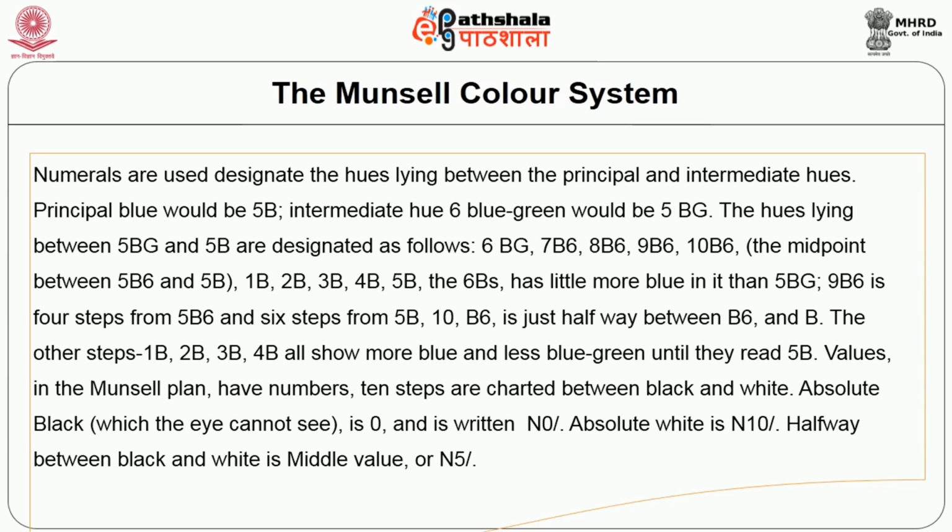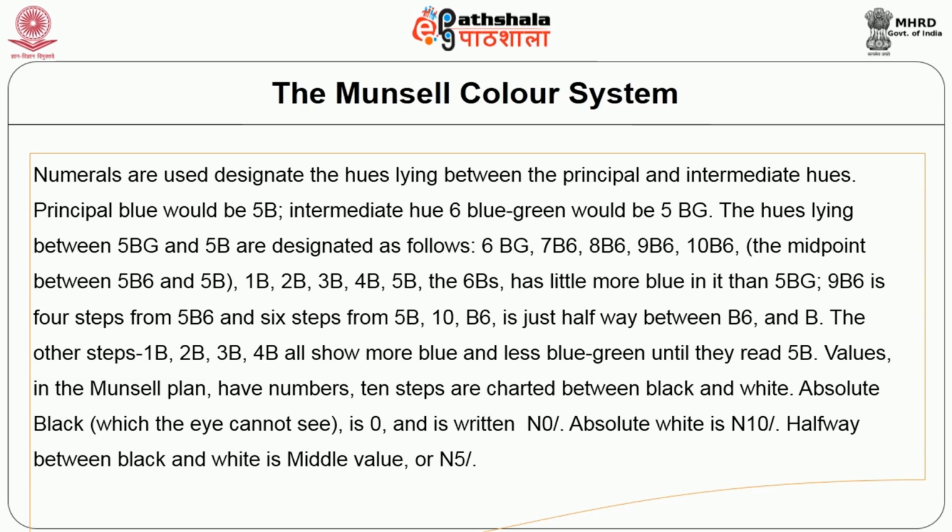The midpoint between 5BG and 5B. 1B, 2B, 3B, 4B, 5B and 6BG has a little more blue in it than 5BG. 9BG is 4 steps from 5BG and 6 steps from 5B. 10BG is just halfway between BG and B. The other steps 1B, 2B, 3B, 4B all show more blue and less blue-green until they read 5B.